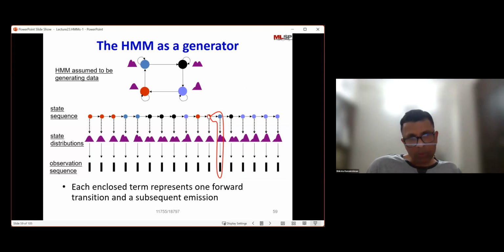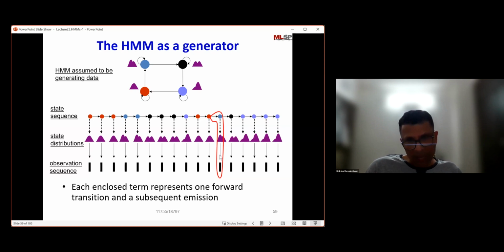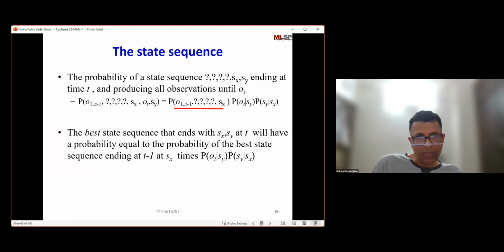That is simply the probability of the state sequence that ends at Sx while generating all of these observations, times the probability of transitioning from Sx to Sy, times the probability of generating this particular observation from Sy. Does that make sense?